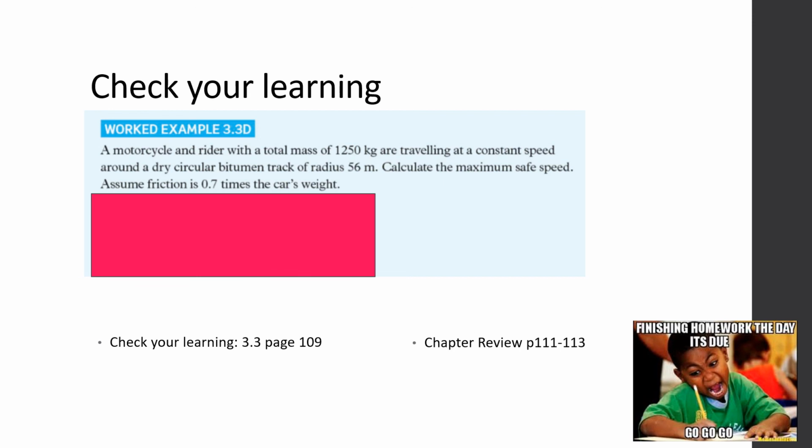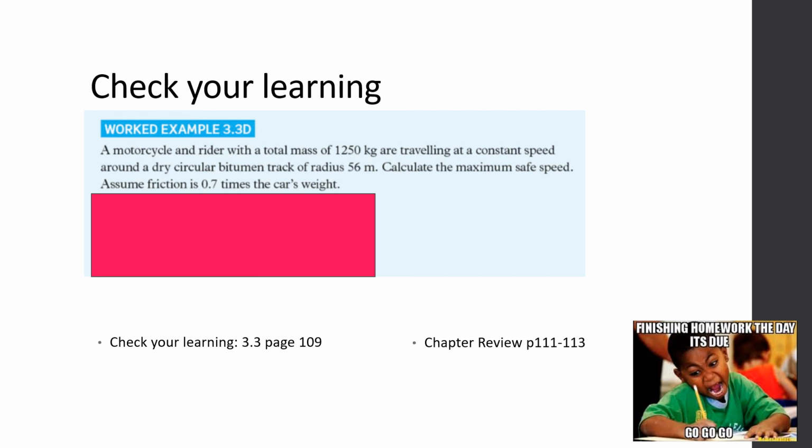So a motorcycle rider with a total mass of 1,250 kilograms is travelling at constant speed around a circular bitumen track with a radius of 56 metres. Calculate the maximum safe speed, the maximum speed at which the car will not skid out of control, assuming friction is 0.7 times the car's weight, which is typically what we think when we've got a dry road.